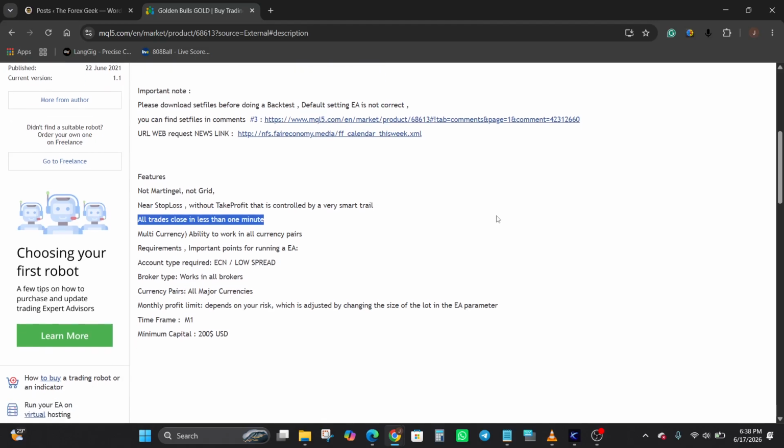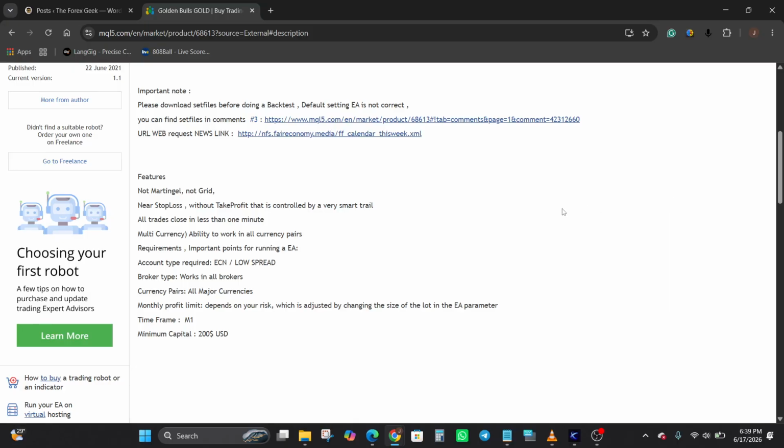In addition, the EA is described as having multi-currency capability and the ability to work across major currency pairs, although XAUUSD remains the primary focus highlighted throughout the product page. Now, looking at the operational requirements, the developer recommends using an ECN account with low spreads. The EA is stated to work with all brokers, and position sizing can be adjusted according to the user's risk preference through the lot size settings.